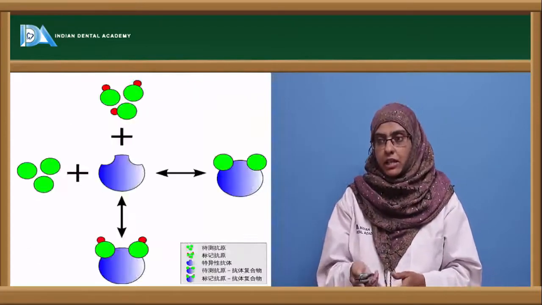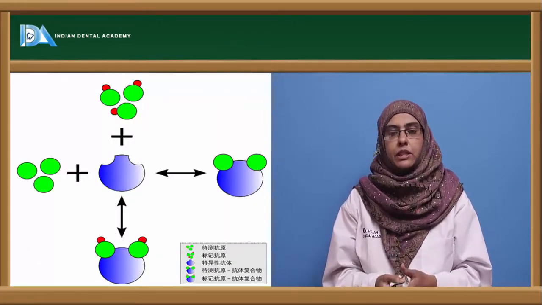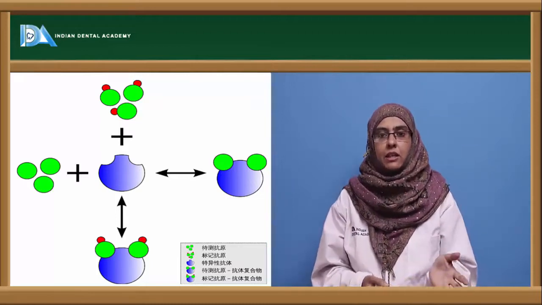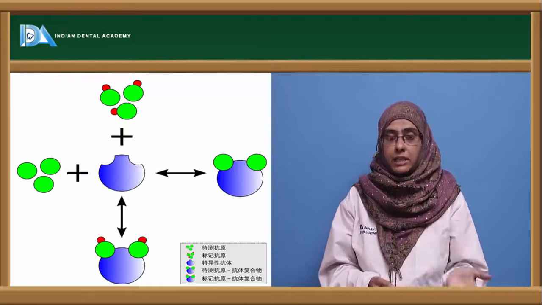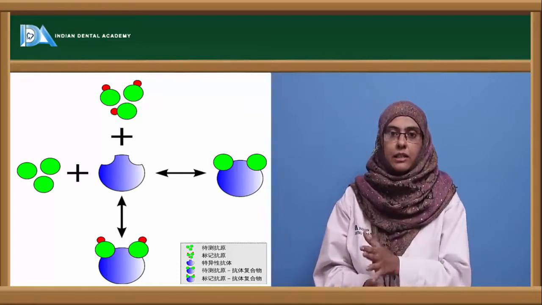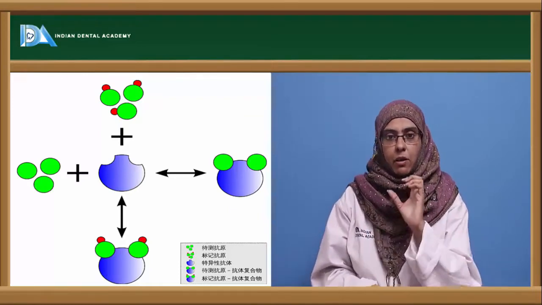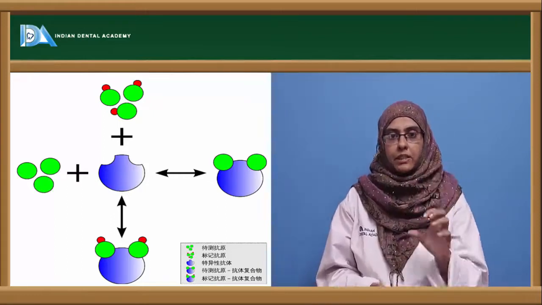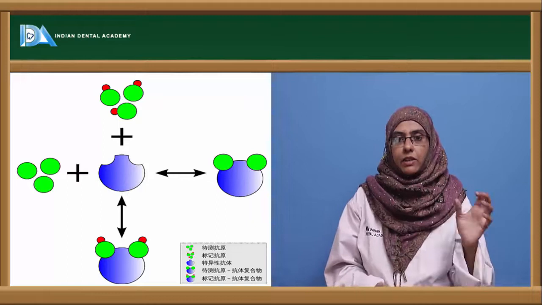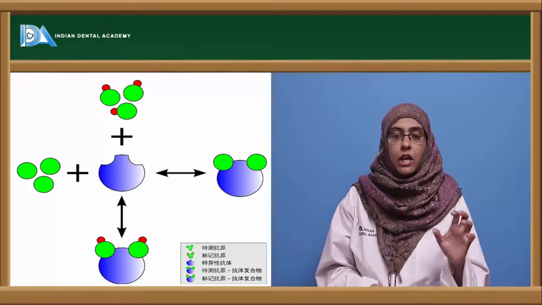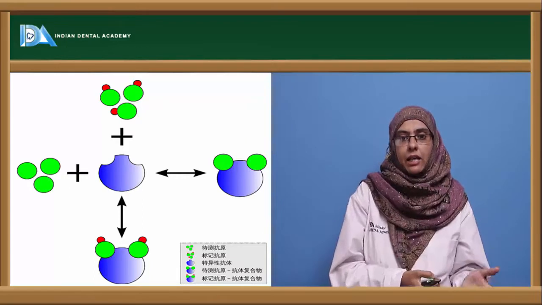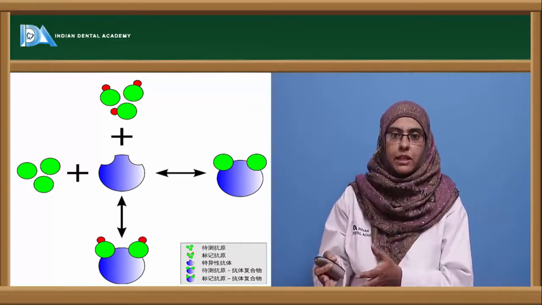And this radioimmunoassay is usually based upon a competitive interaction between a labeled antigen and unlabeled antigen. So here the antibody amount will be fixed, whereas the labeled antigen will be added along with the unlabeled antigen. So there is a competition between the labeled antigen and the unlabeled antigen towards a particular antibody.